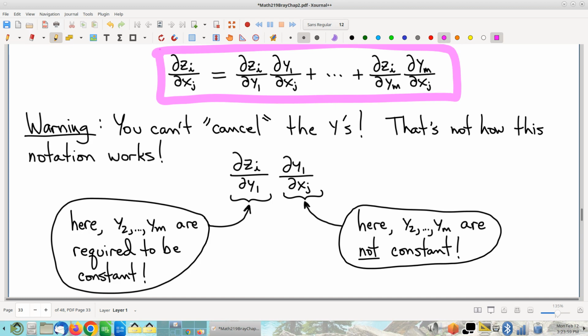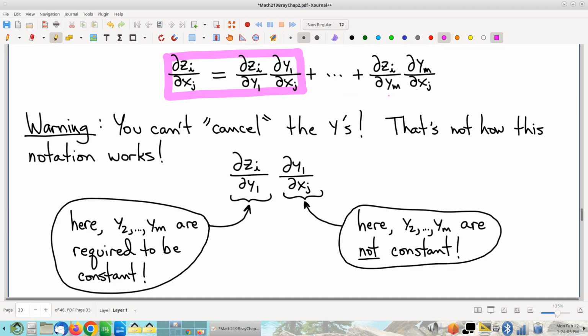And a lot of students look at just this part right here and say, hey, I don't really feel like I need the rest of this. After all, those appear to cancel, thus leaving me only with partial zi in the numerator and partial xj in the denominator. Isn't this good as it is?